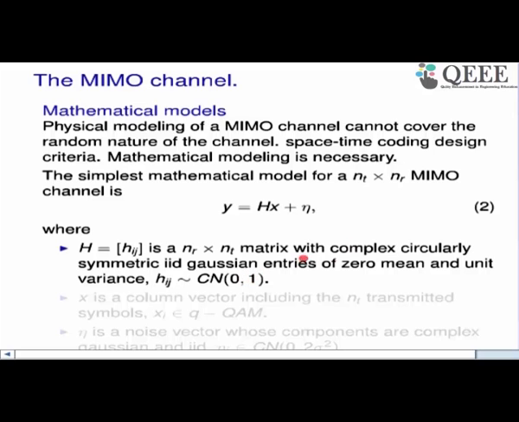This assumption that the entries of the NT cross NR MIMO channel are complex Gaussian is very important, because it captures the randomness of the channel H in the narrowband model due to multiple scatterers. With just two scatterers, this model would not be efficient.